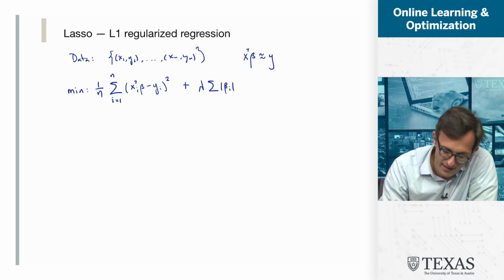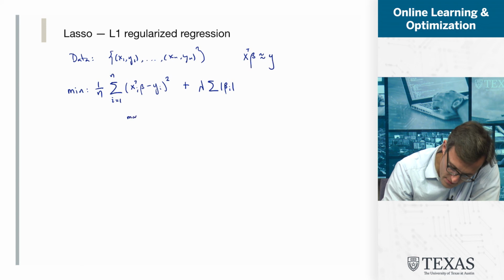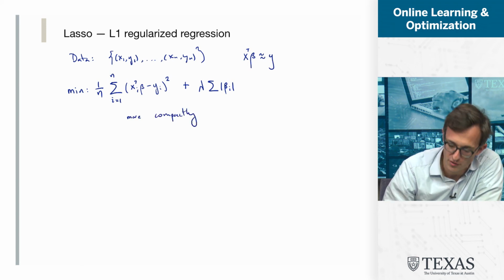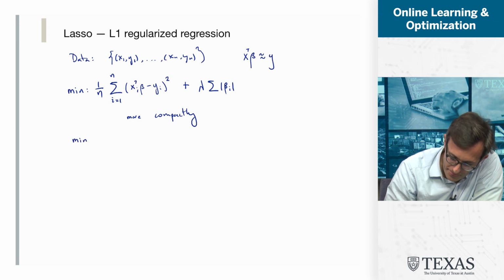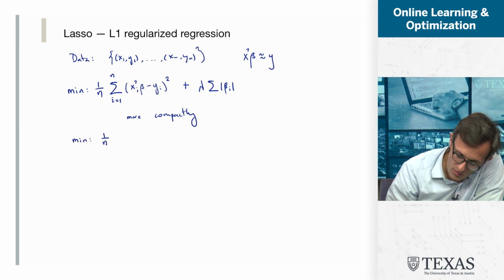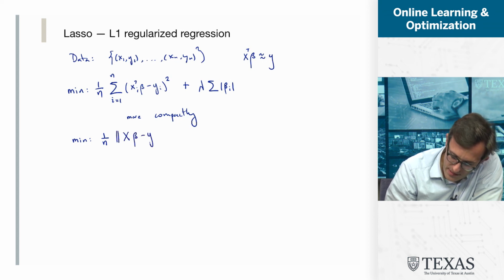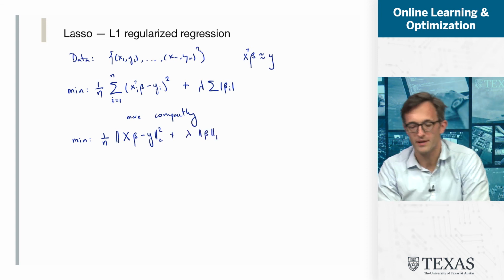And more compactly, very similarly to what we did for ridge regression, I could write this as: minimize 1 over n times the norm of x beta minus y squared, plus lambda times now the 1 norm of beta.